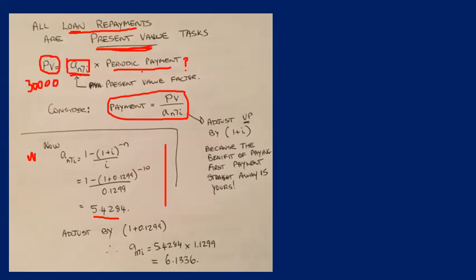So with the A value, the present value factor, we need to consider which option we're looking at. In this case, we are going to be adjusting it up by 1 plus i. We're going to be doing that multiplication that's routinely discussed in the textbook. This means we end up with a 6.13 present value factor.